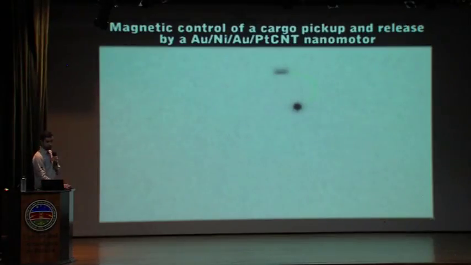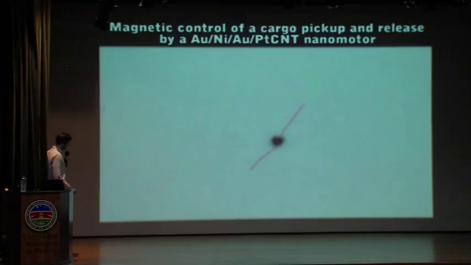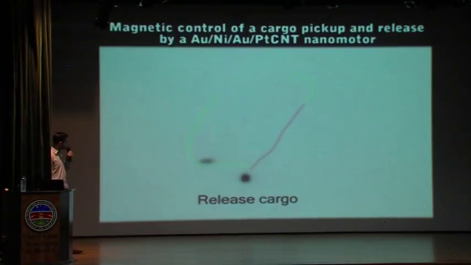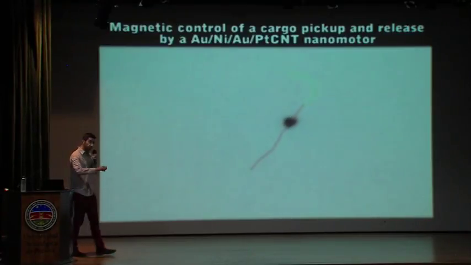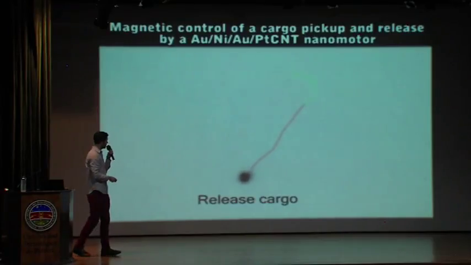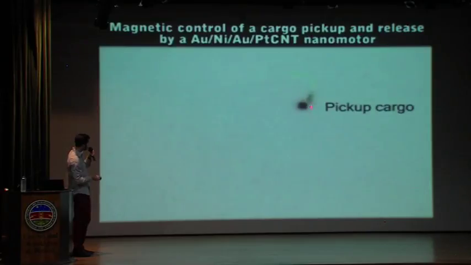So what are these useful for? Well, one thing we can do is pick up and release cargo. What you're seeing here is a little swimming rod, and we have a magnet to guide the direction of motion. We're able to control where it picks up the cargo.